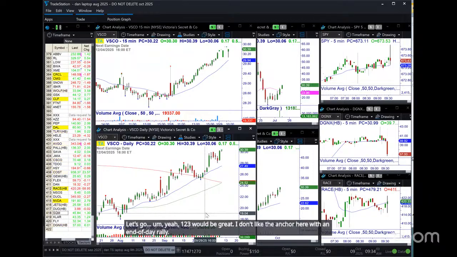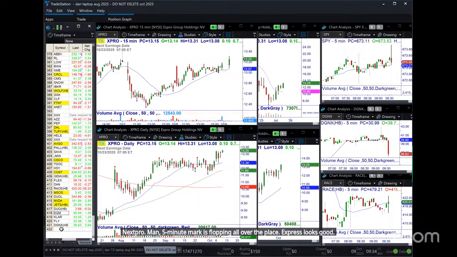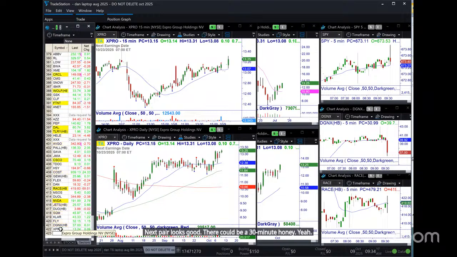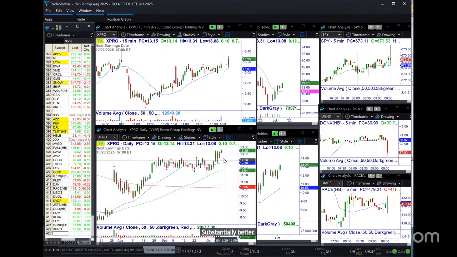X Pro. Man, 5 minute market is flopping all over the place. X Pro looks good. X Pro looks good. That could be a 30 minute high. Yeah, I like that one substantially better than Mobley. Substantially better. Much better.